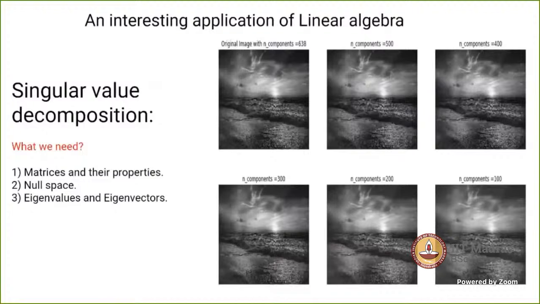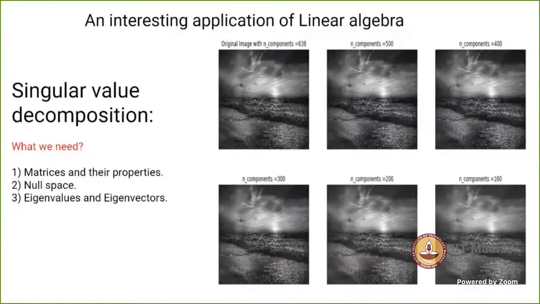What these pictures are saying is that if you have a picture which is blurred, and there are some tools, this picture can be converted into a matrix.